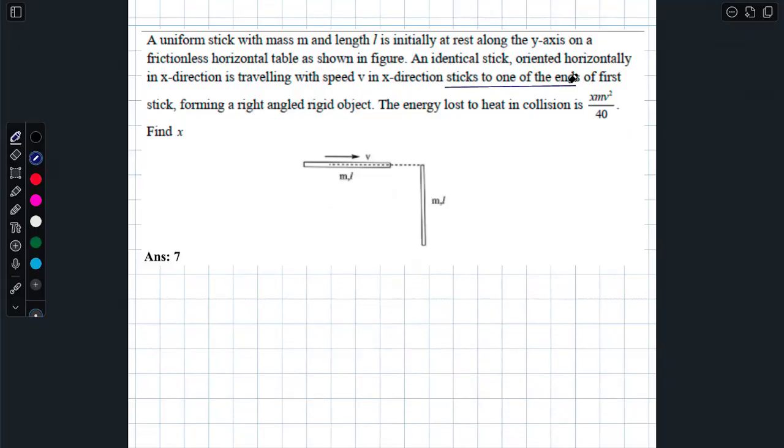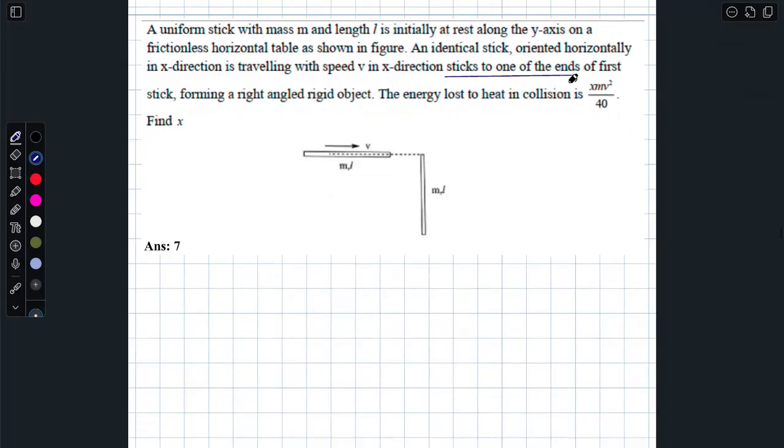When the sticks collide, our whole system changes. In which frame do we do it? In the C frame. So what is the velocity of center of mass?